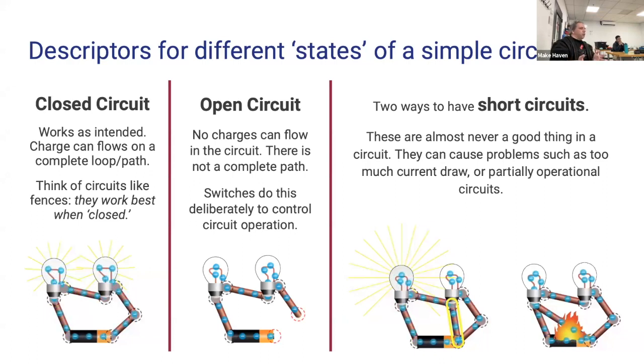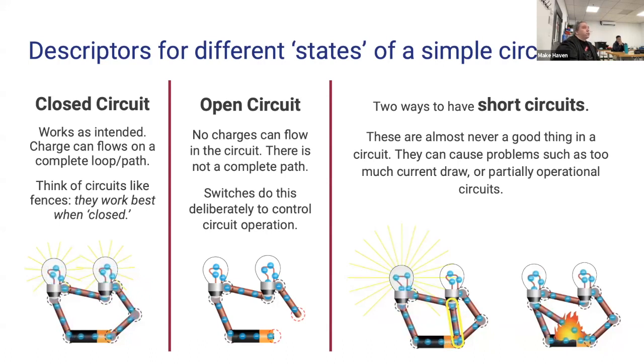If you have an open circuit where there's no pathway, then the electrons cannot flow, and your circuit's not going to work. This is actually how switches work. When we turn off the light switch, the electrical pathway between the main power and the light bulbs is broken. So the electricity cannot flow through and the lights do not come on.